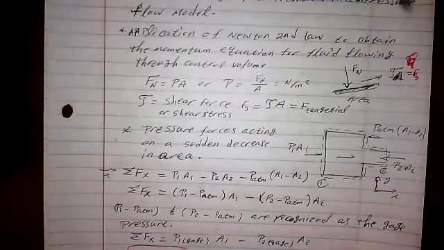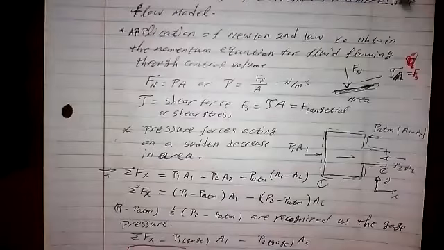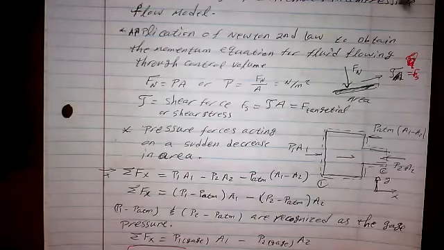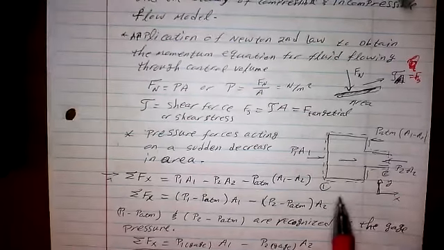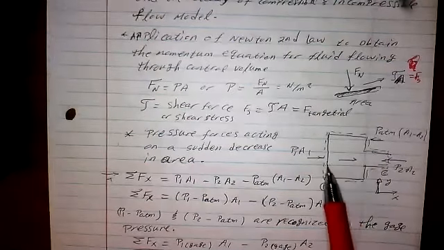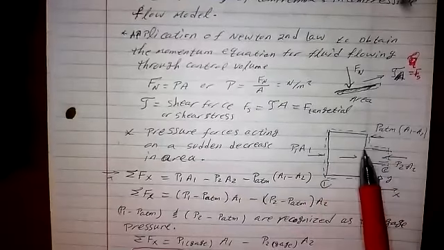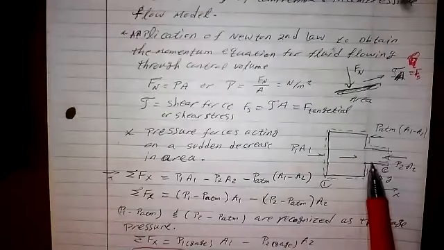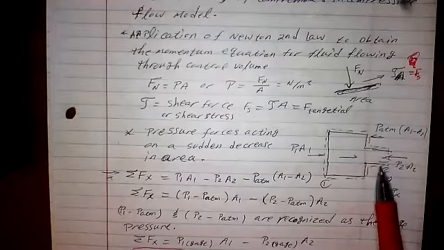Sometimes the pipe has a decrease in area, and then the pressure and velocity will change, like at the inlet of a nozzle. So we have a device that flow goes into, and then you have a sudden contraction or change in the area.